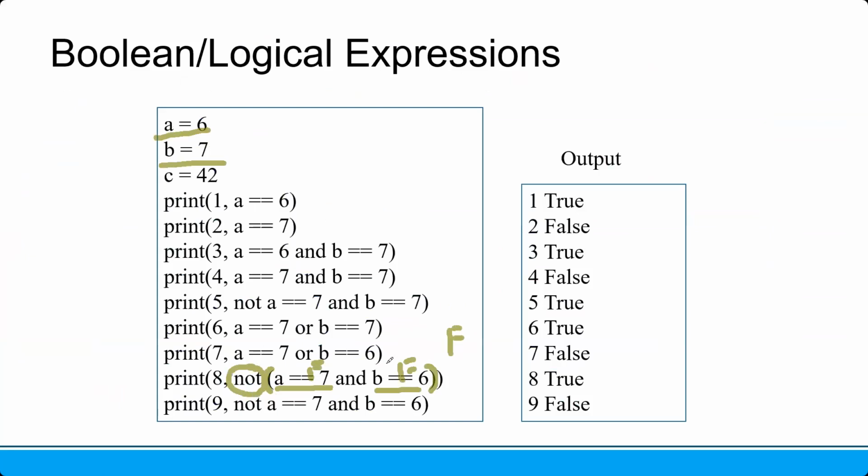It means we want to check the opposite. So it becomes true. Not A equals 7. A equals 6, so it is true. And B equals 6, false. And the result is false. Okay.